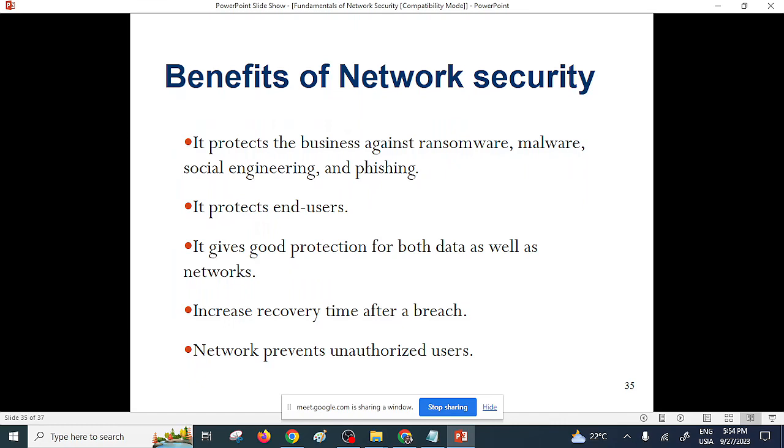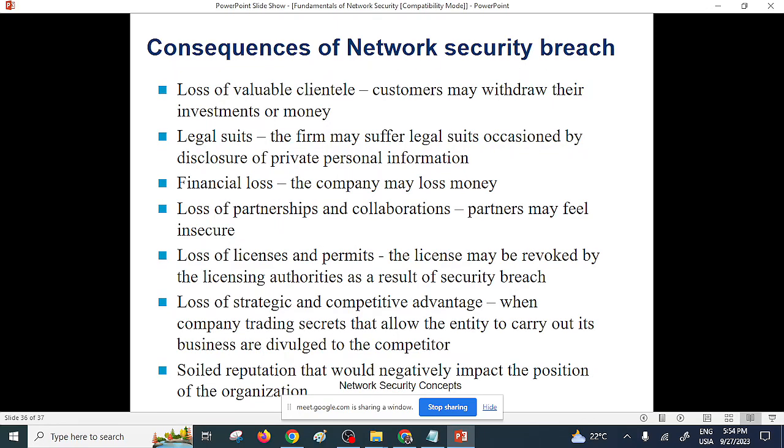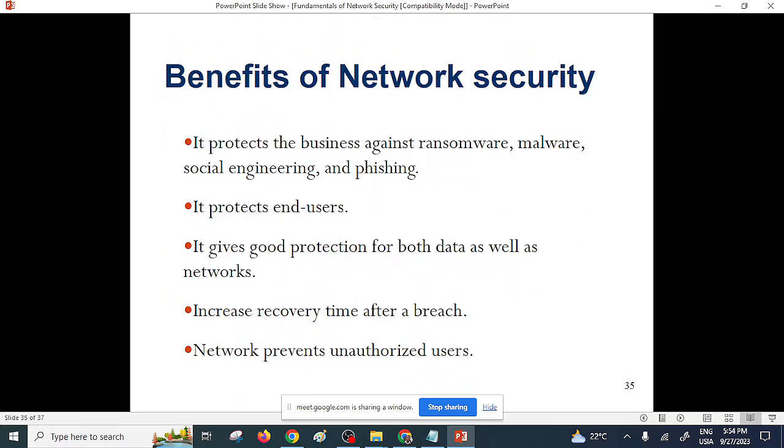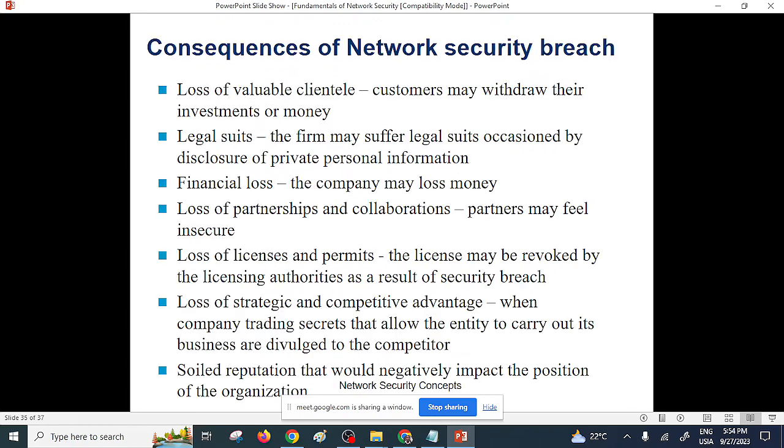Increases recovery time after a breach. This one is a heavily loaded sentence. Increases recovery time. It depends on how prepared you are. Otherwise, the time is not going to be that small. Network security prevents unauthorized users and any other advantage that you know, right? So I know there are quite a number of benefits anyway.